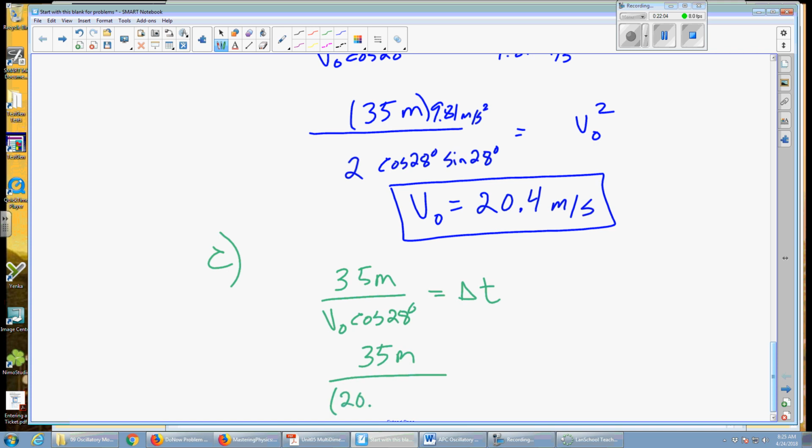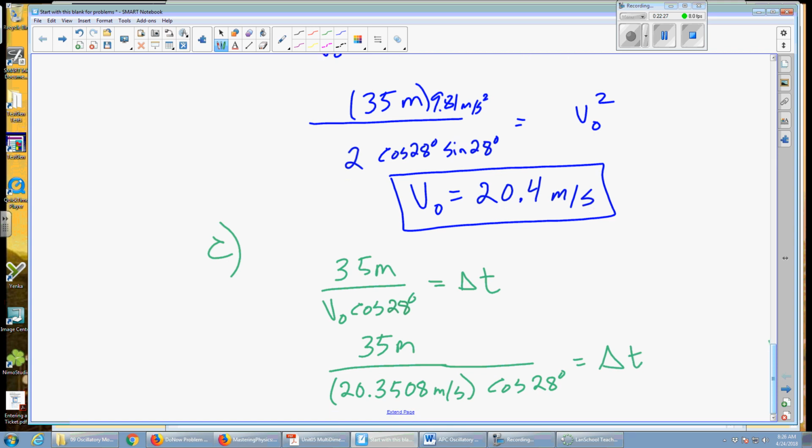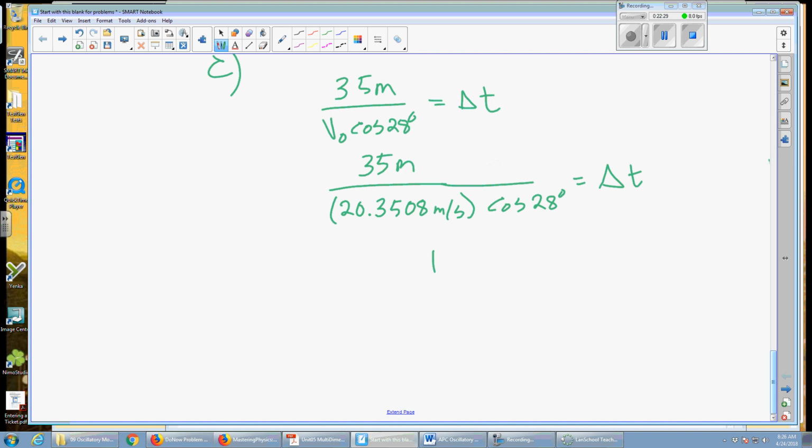And I'm just going to substitute in. I could have done it on either one that I was comfortable with, though. That was the advantage to solving them both for that.